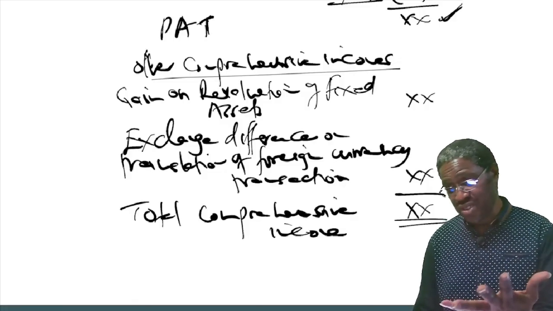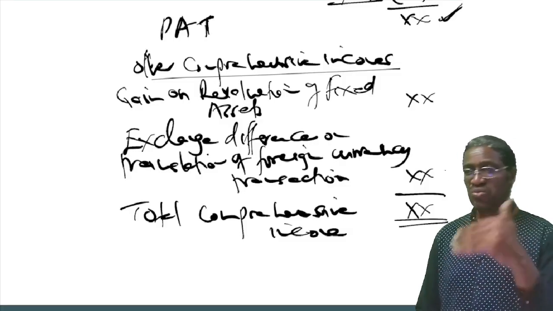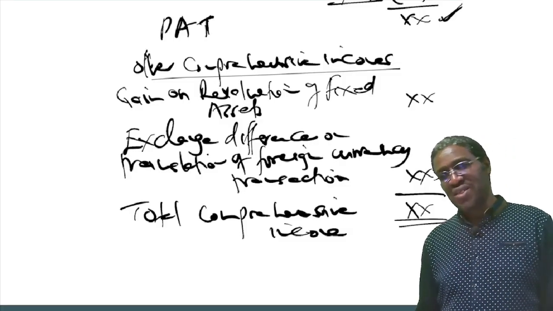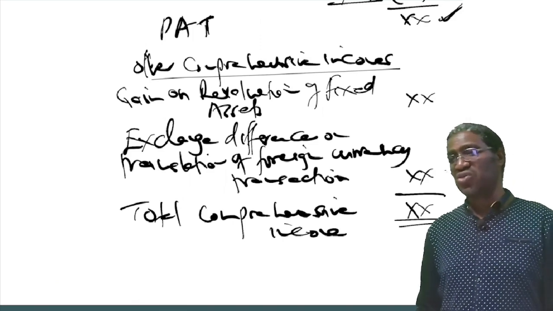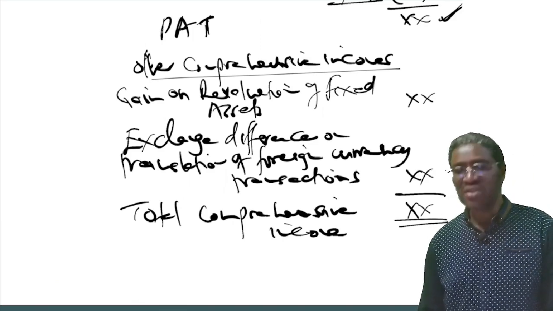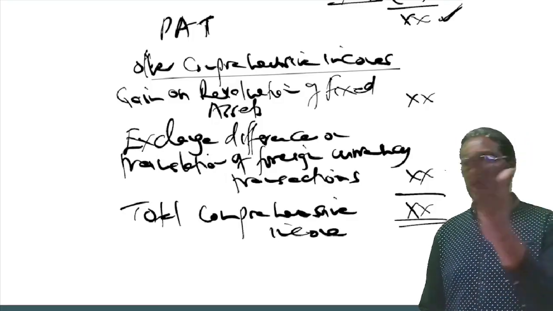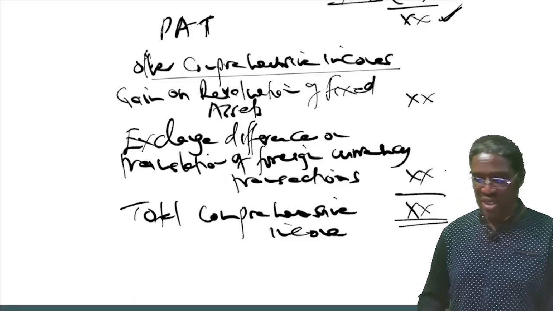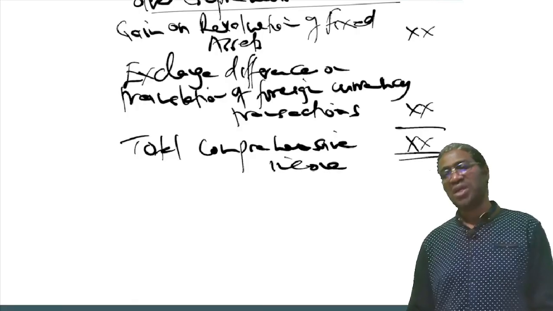Of course, listen, if it's a loss, you minus. If it's a loss on revaluation, you minus. Then I've given another example, exchange difference on translation of foreign currency transactions, whatever it is. Again, it could be a gain or loss. If it's a gain, you add. If it's a loss, you minus. Then I've said you get what we are calling total comprehensive incomes.